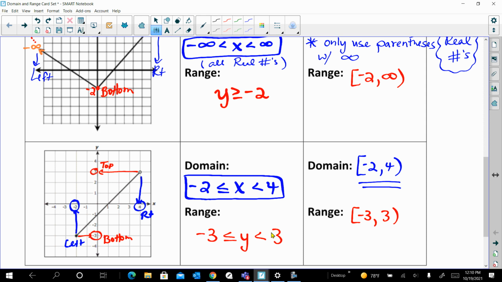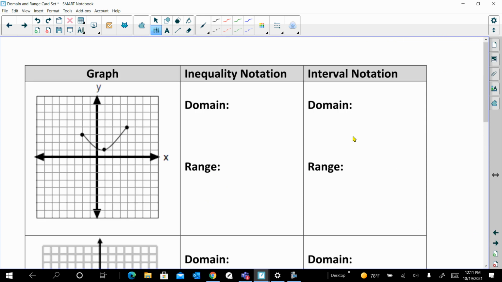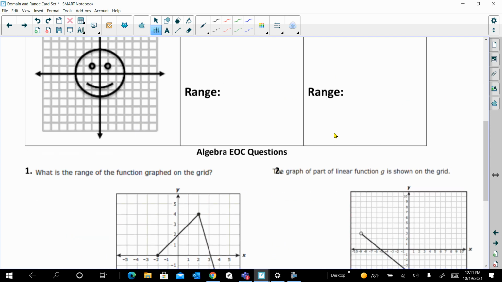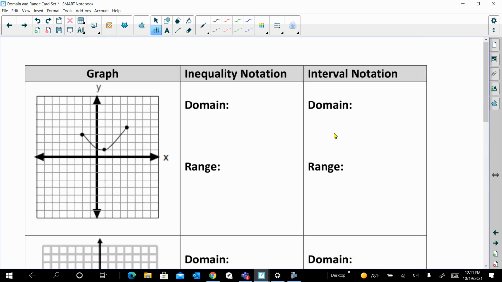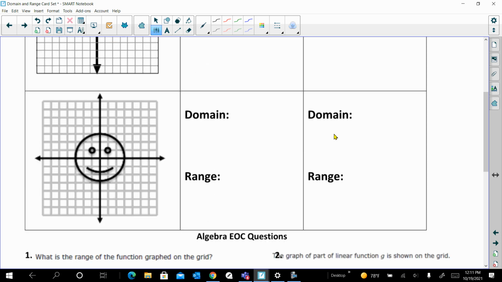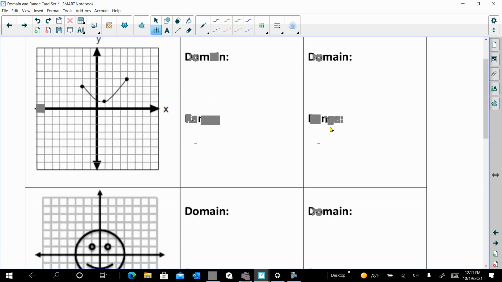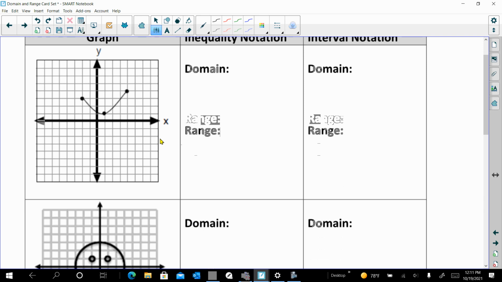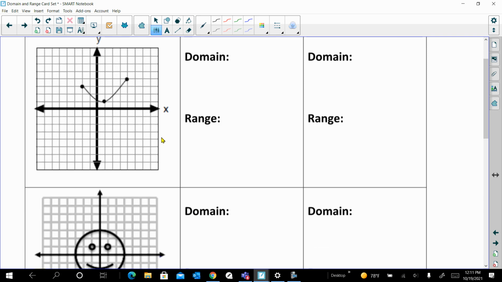Okay, so get this glued in, and you are going to do the second page. And we're going to check your understanding based on your answers on this page. Now, 2 of the problems in the table are graphs, right? You're filling it in just like we did on the other table.